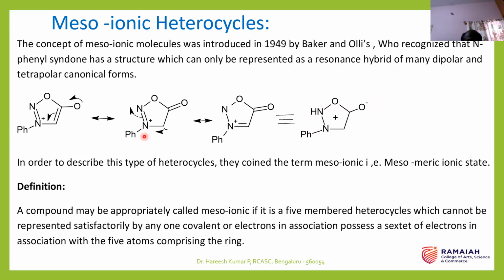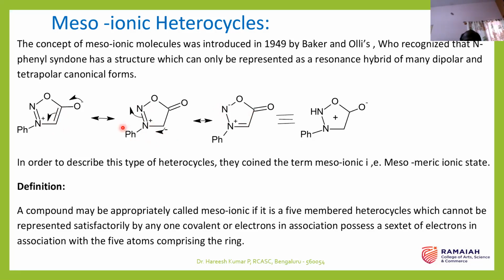Let's look into the canonical forms. This anion can come over here and this can come over here. That means this anion will sit on this carbon as an anion. That's what I have written. Now the anion is here, and the cation is on the nitrogen. Then this anion can come over here, and this bonded pair will sit on nitrogen as an anion.